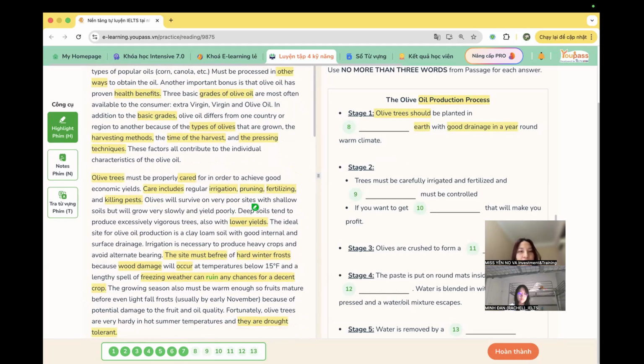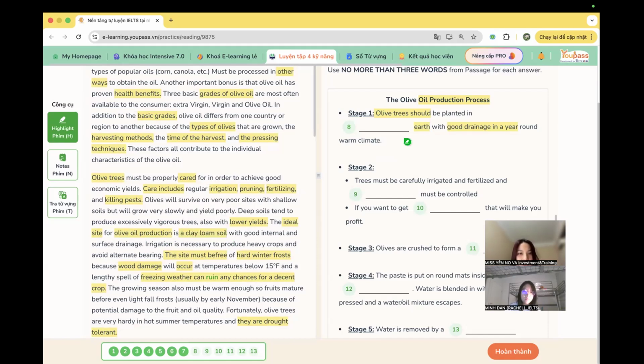Olives will survive on very poor soil with shallow soil, but grow very slowly and yield poorly. Deep soils tend to produce vigorous trees. So the ideal site for olive production is this one.